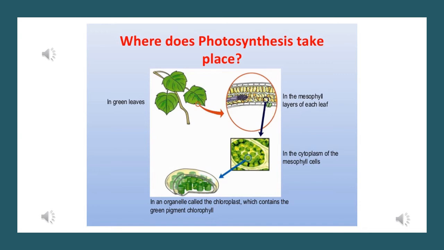Similarly, in plants also, we need some transport system to transport this glucose, or the food which is stored, to all parts of the plant. So let us see in the next slide the transport system in plants.